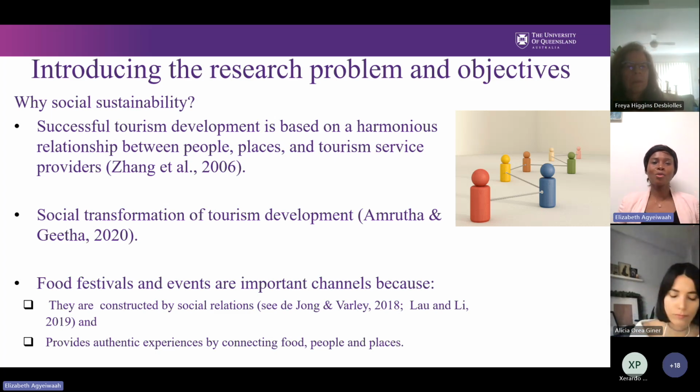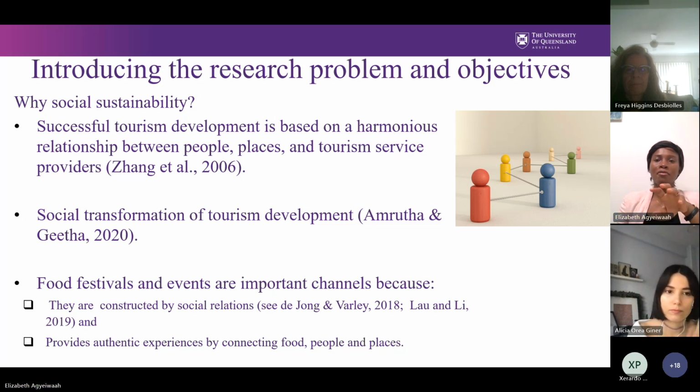But why social sustainability? Why is it so important? Whenever we talk of sustainability, we do know that there are pillars of sustainability, but usually there's a lot of concentration on the economic and the environment. It doesn't mean they are less important; all of them are equally important.